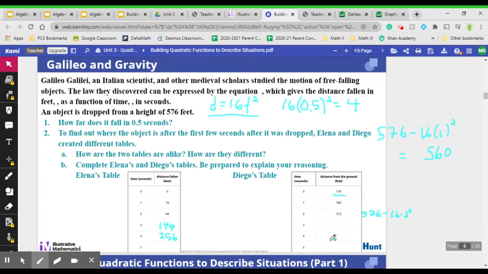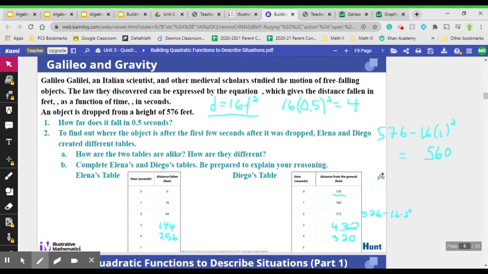And so we can just fill out the rest of that table by doing 576 minus 16 times 3 squared, and that equals 432 right here. And then our final one would be 576 minus 16 times 4 squared, and that equals 320.